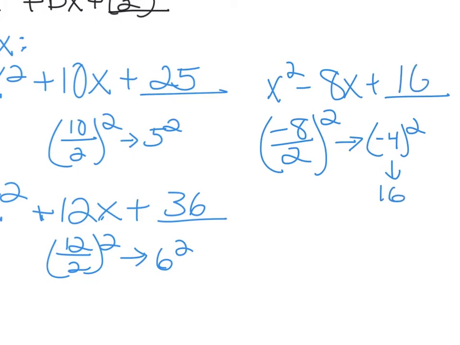Notice every time we're completing the square, we should be coming up with a value that is positive every time. Let's take a look back. In this case, we had plus 25. Yep, that's positive. In this case, we had plus 36. Yep, that's positive.